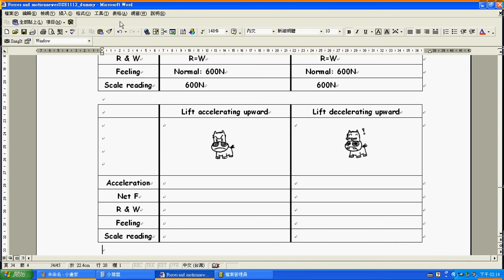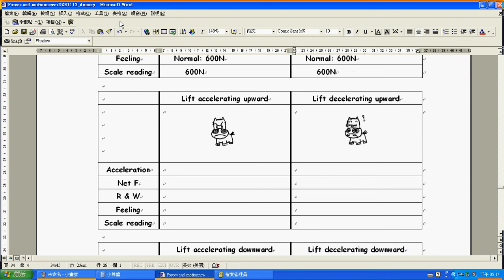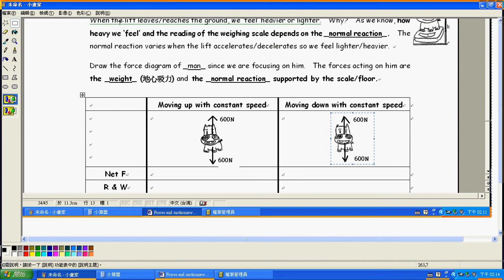Now let's look at the more complicated situation, the case of the lift accelerating upwards and decelerating upwards.